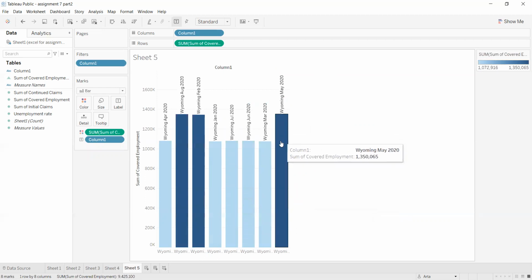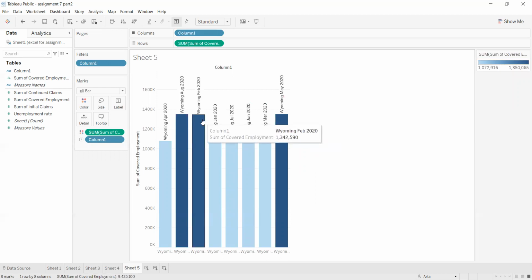The other chart also compares the covered employment, and as you see, I just focus on Wyoming state, and I compared the different numbers of covered employment in 2020 in Wyoming.